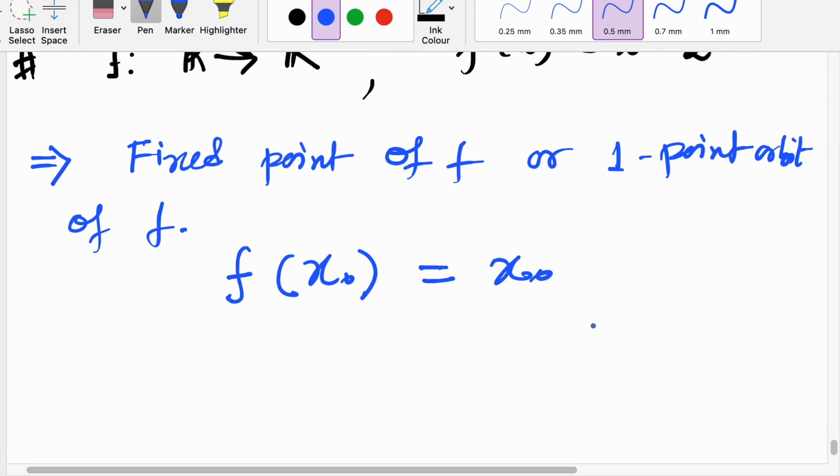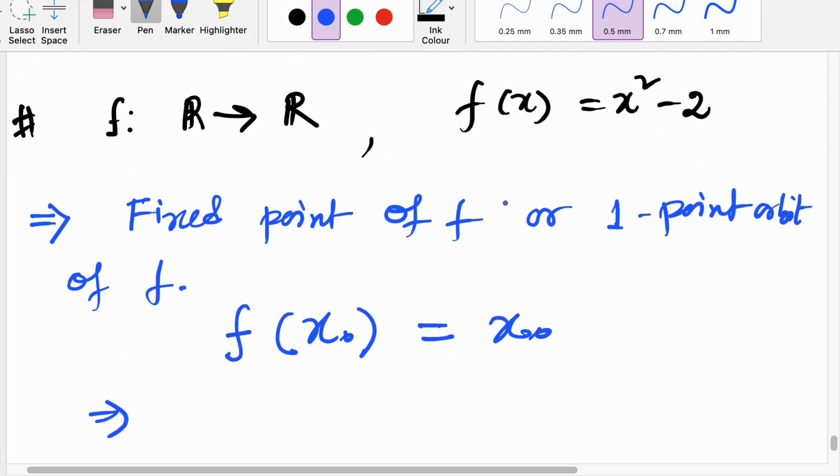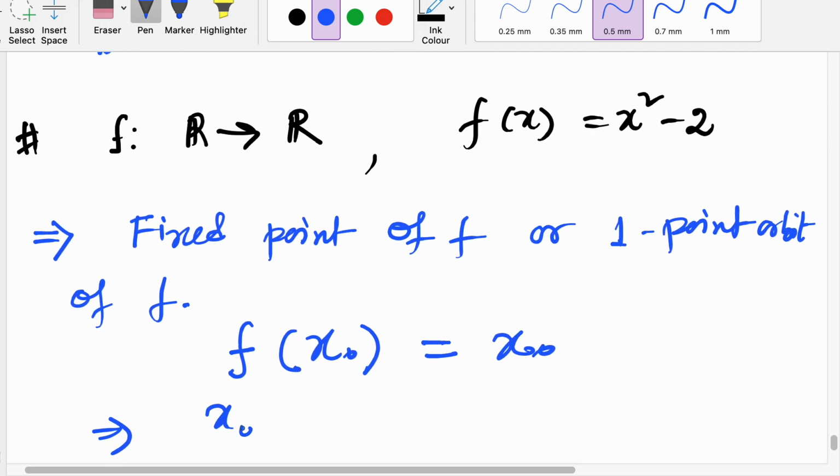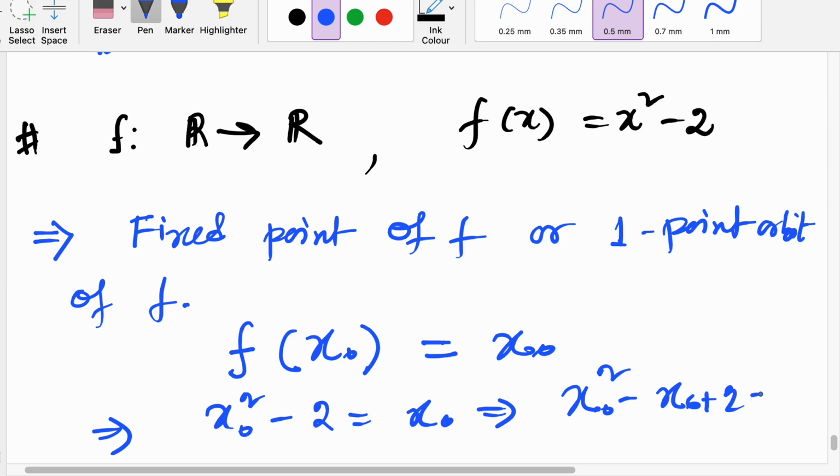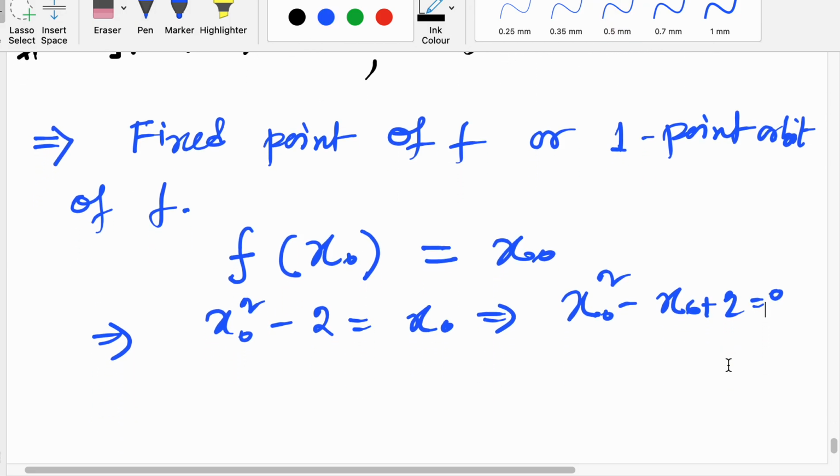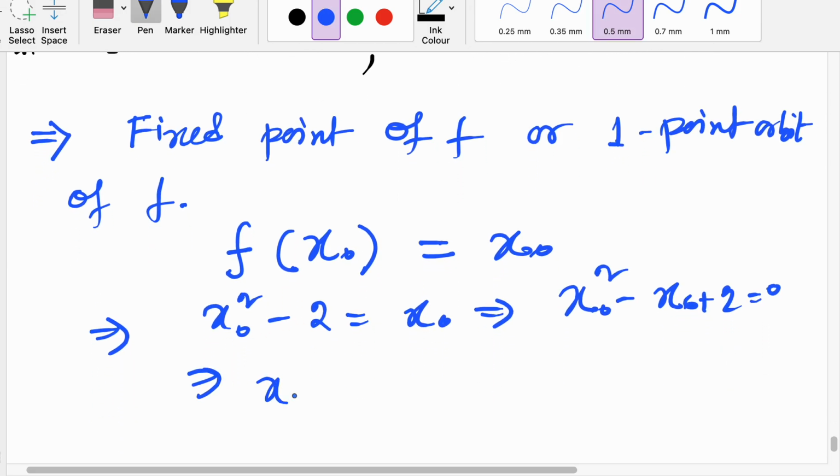So if I apply f to x0, x0 square minus 2, it will become x0. Now if I solve this equation, x0 square minus 2 minus x0 equal to 0. So this is x0 square minus 2x0 plus x0 plus 2 equal to 0.